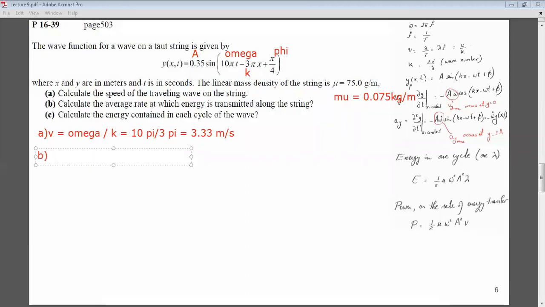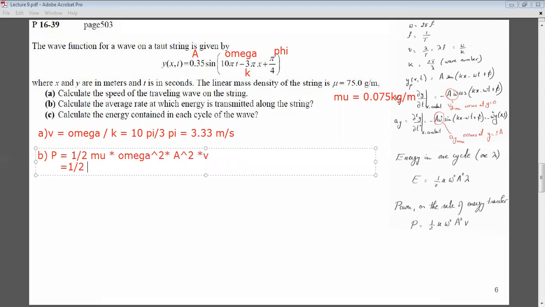Okay, so calculate the average rate at which energy is transmitted. So we want power. So this is equal half mu times omega square times A square times v. And I will just plug in my values.